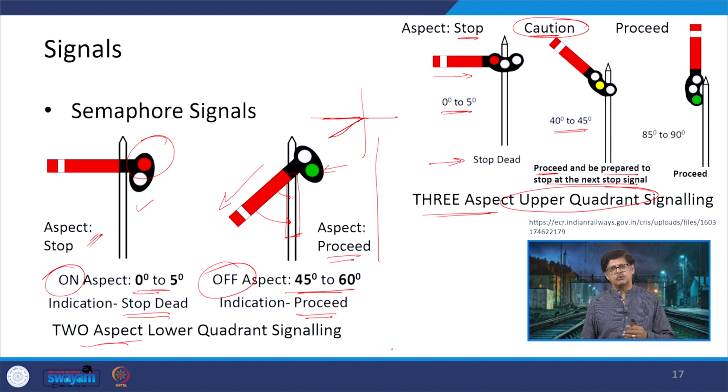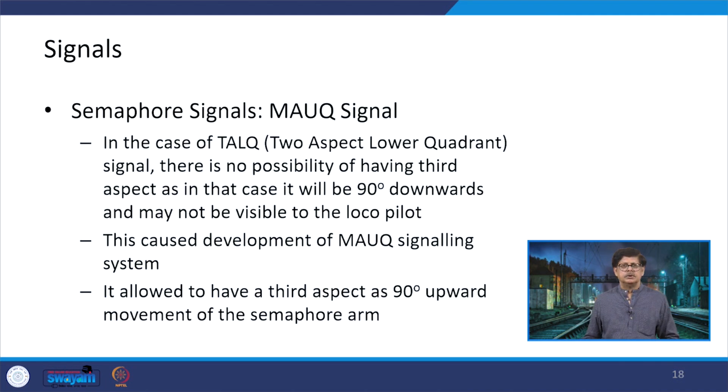So, you are allowed to move, but not with the maximum permissible speed. And if it is straight upwards, it will be showing green. It is 85 to 90 degrees, which says you can proceed with the maximum permissible speed. There is no issue.